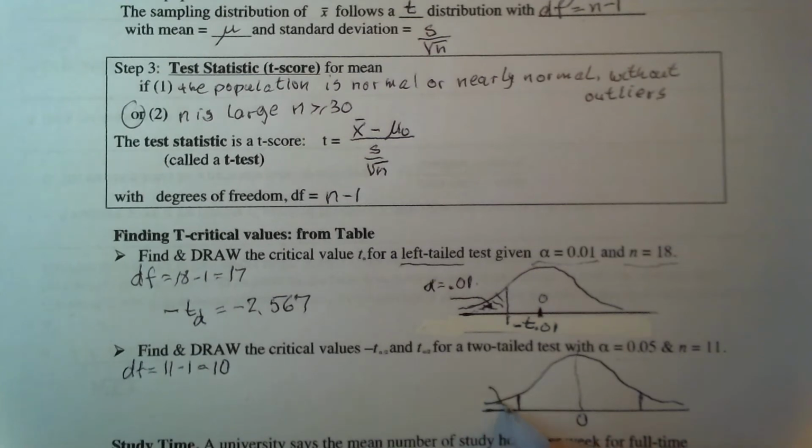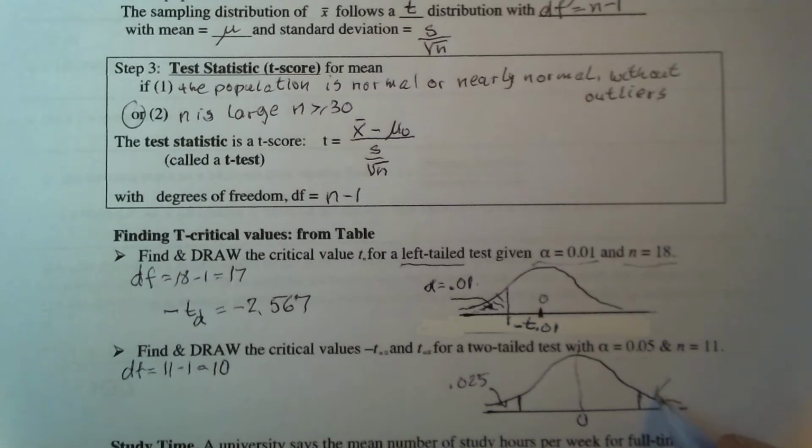Each area is equal to alpha divided by 2, or 0.025, 0.025. And these are t sub alpha divided by 2, and minus t sub alpha divided by 2.